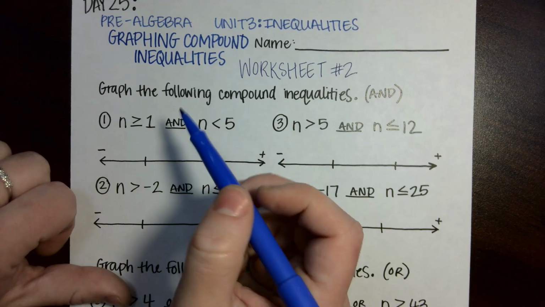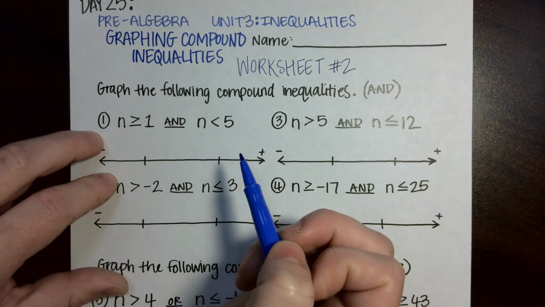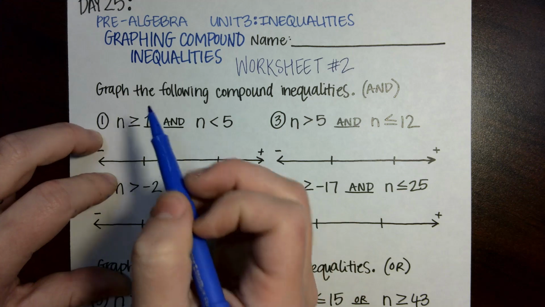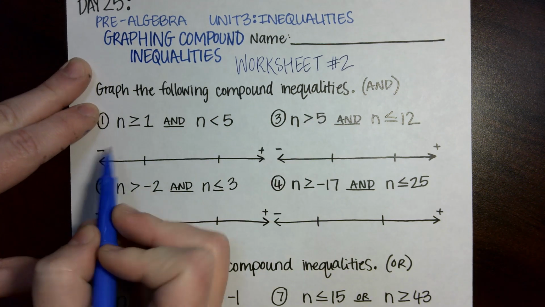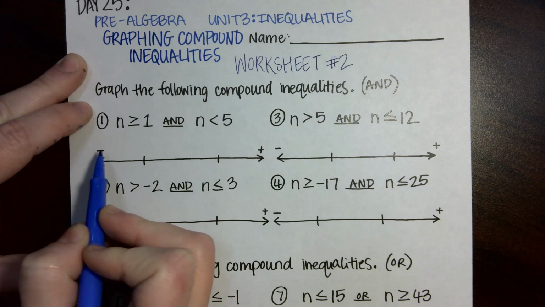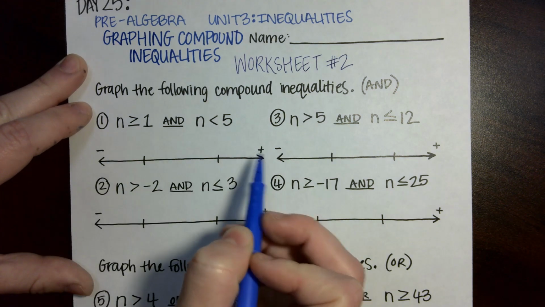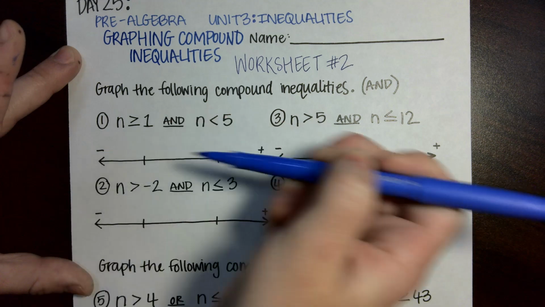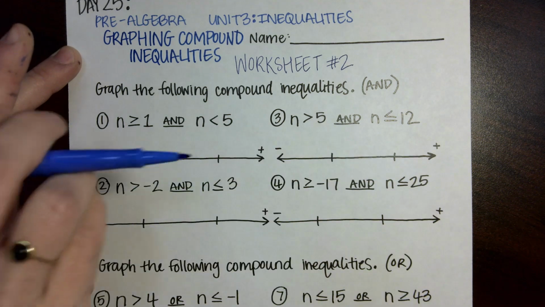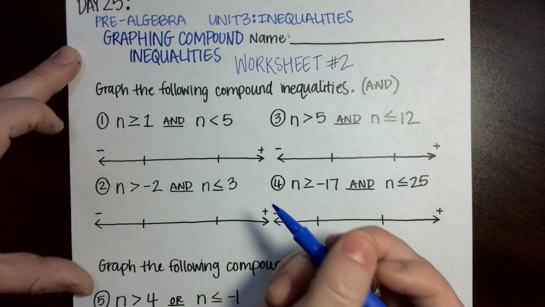Now we just need to decide whether our circles are open or closed and where to put our numbers. So on a number line, I've always got a little minus or a negative and a plus or a positive to show that to the left, our numbers get smaller. To the right, our numbers get larger.